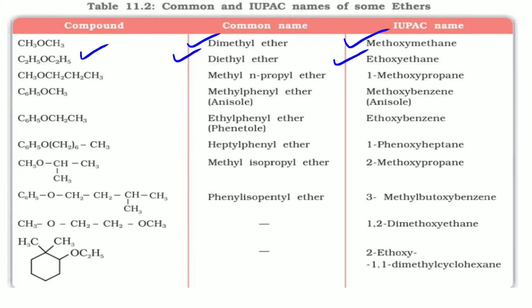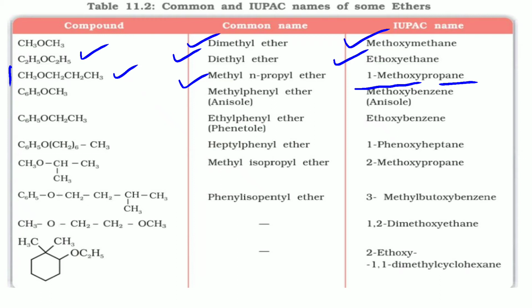Here we can see CH3 and C3H7, so methyl normal propyl ether, normal propyl because there is no branched chain. And if we write the IUPAC name, we give the number 1 after O. It is 1 carbon, so it will be 1-methoxypropane.